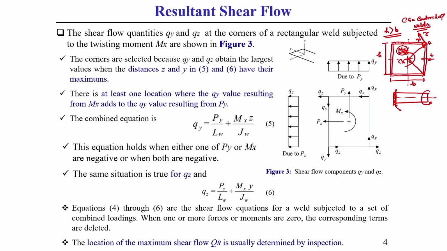Here the shear stress direction will be perpendicular to OB, where this is O and this is B. Here also your value will be tau. Similarly, here also there will be a tau value due to this torque, but it will be comparatively lesser than the corner point value.